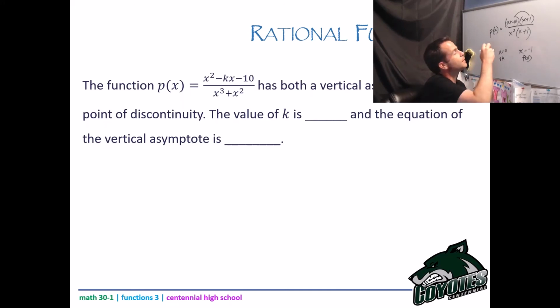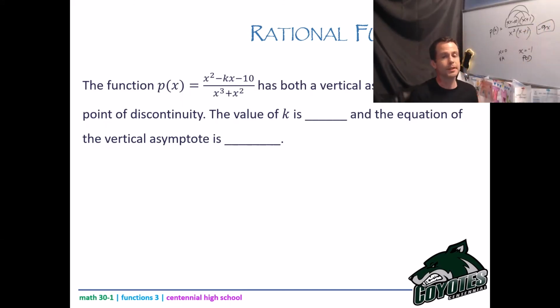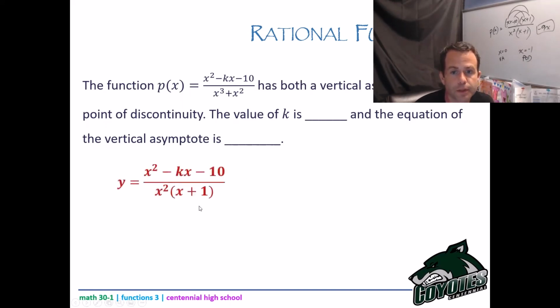Okay, which means the value of k, I would end up here as x squared plus, sorry, I didn't write that, x squared plus x minus 10x. So x minus 10x would be -9x for my middle term there, which means k has to be -9. Okay, so the value of k is -9. And the vertical asymptote will be at x equals 0.